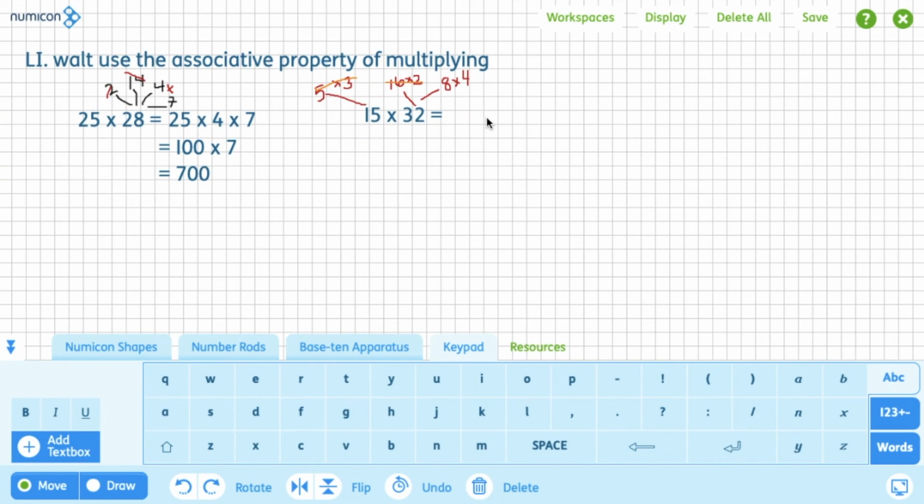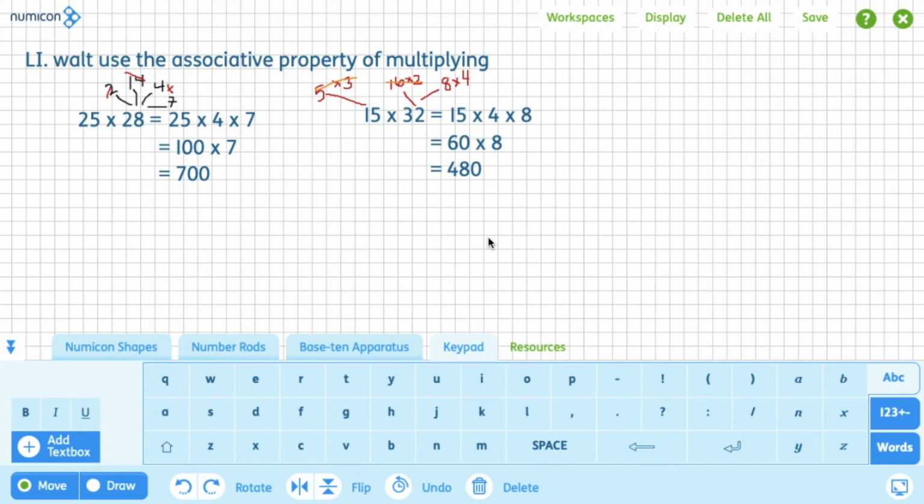So we'll do 15 times 4 times 8. Pop that up there. Okay. Which is equal to 15 times 4 is 60. So 60 times 8. And if we know that 6 times 8 is 48, then this must be 480. All right, which is nice and just much easier to do.